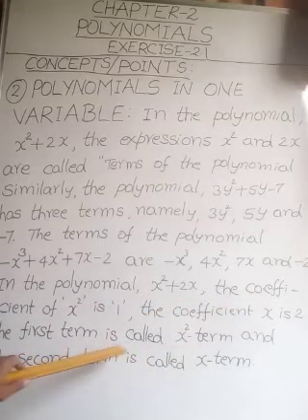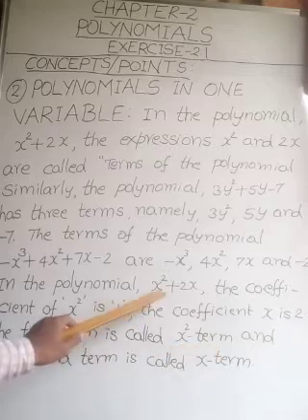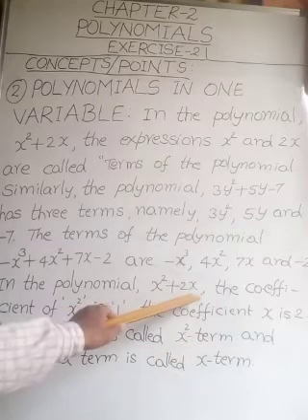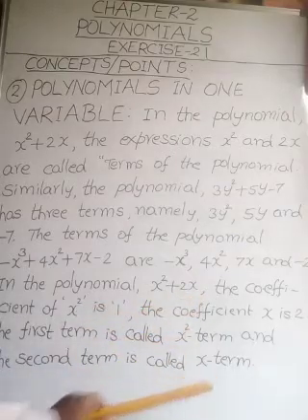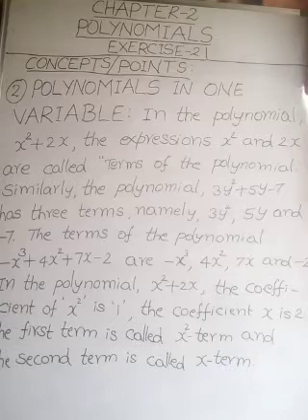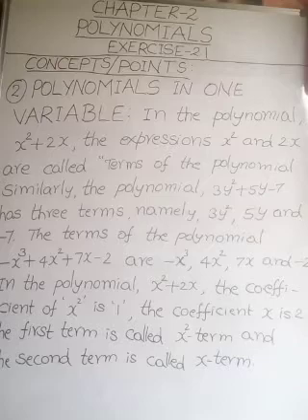In this polynomial, the first term is called the x square term, and the second term is called the x term. What is the second term called? x term. What is the first term called? x square term. Is it clear, my dear children? Right.